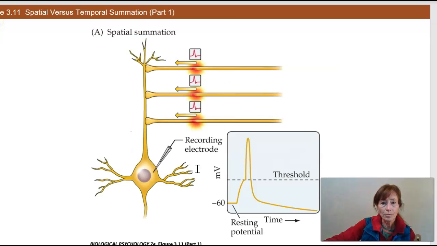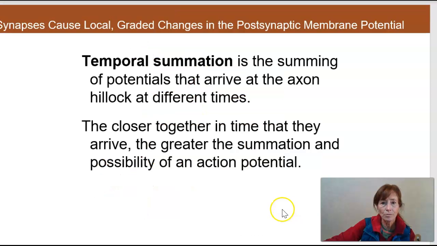And here you can see an example of that. This is a different type of neuron that we're looking at here, but all of these inputs, these all being excitatory, are all coming in to different locations, and that is then being added up here. And in this case, we reach threshold and generate an action potential.